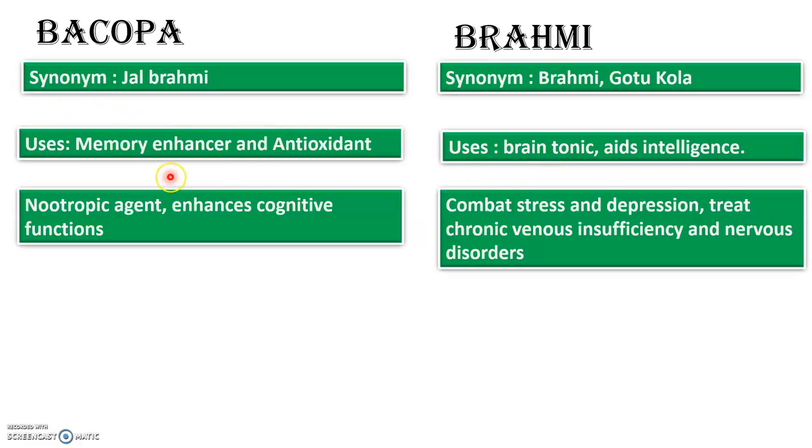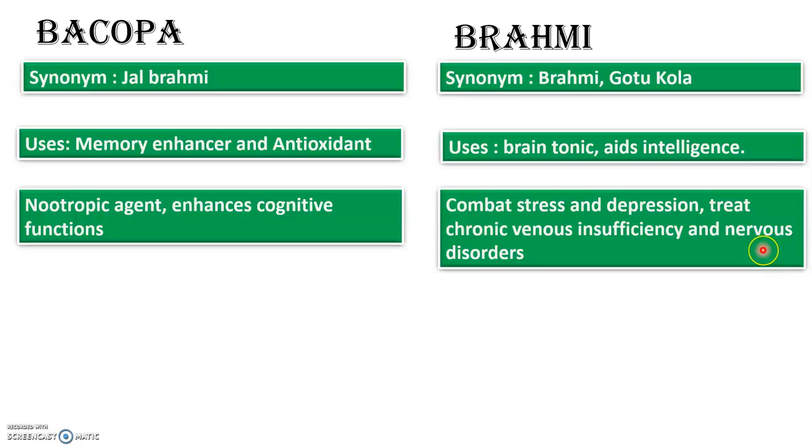Bacopa being a memory enhancer and antioxidant, and Brahmi is a brain tonic and it aids intelligence. Bacopa is a nootropic agent enhancing cognitive functions, whereas Brahmi combats stress and depression and helps in treating nervous disorders.